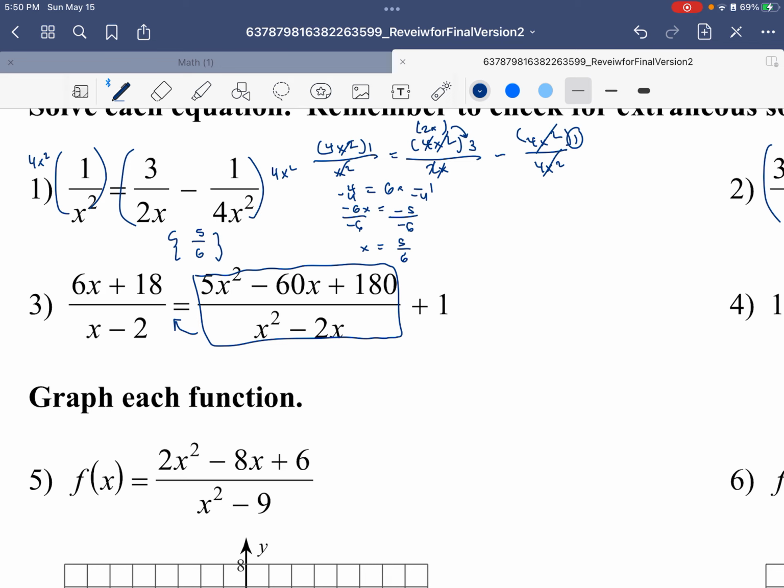So let's see. So we want the numerator to be the same, so let me erase this. This denominator here, we can actually simplify. We can factor x out, it'll be x minus 2.